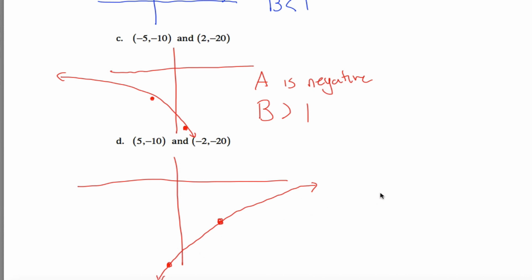Looks like we have another negative y-intercept. So in this one, I guess I should have switched colors, but what are you going to do? A is again negative. But this time, the amount by which it's negative is getting less and less, meaning it's getting closer and closer to 0. So it's not growing, it's decaying. So b is less than 1.